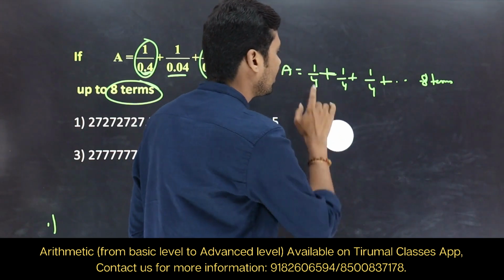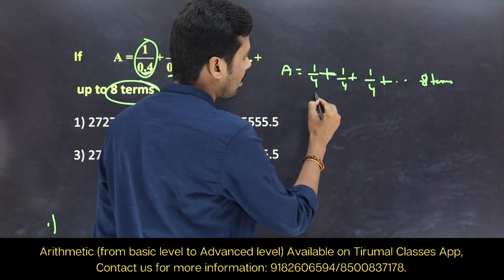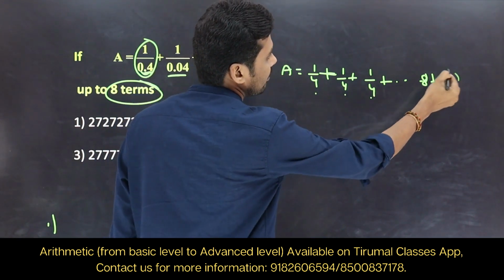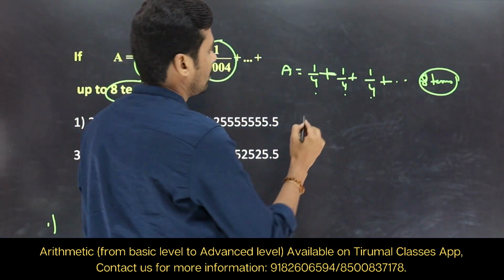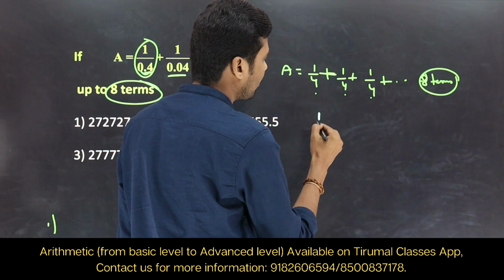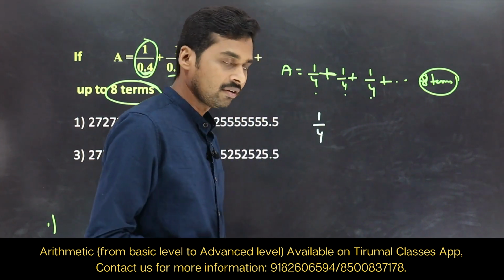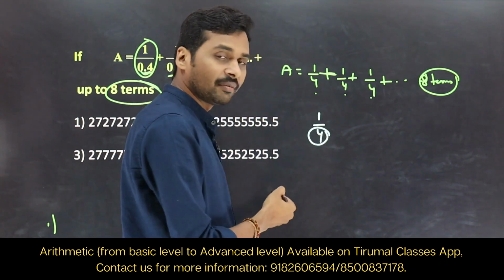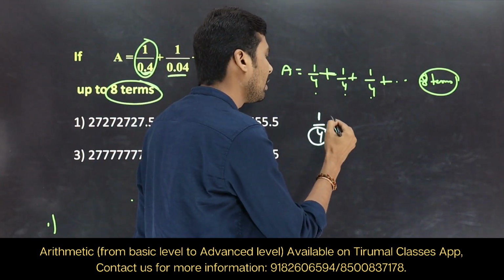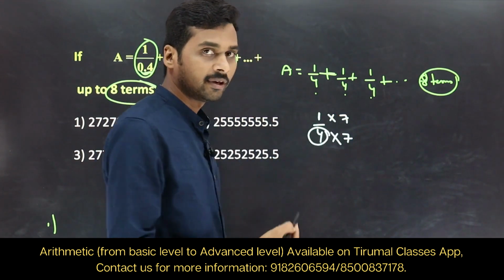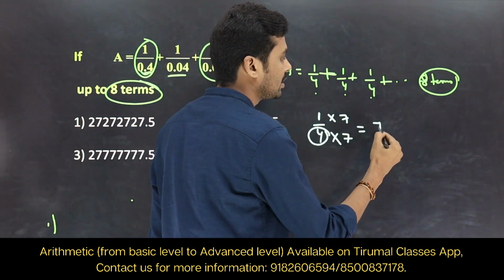So if I take 1 by 4, then 1 by 4 plus 1 by 4 plus 1 by 4, likewise 8 times I have to apply. For 1 by 4, how do we find the DS value? The denominator value is 4, so I multiply by 7 on both numerator and denominator.